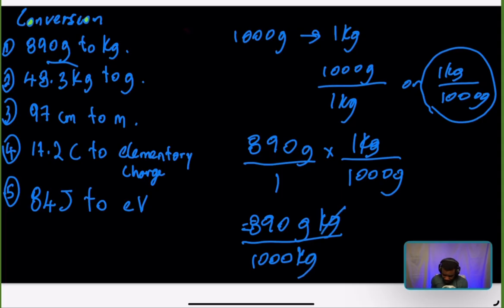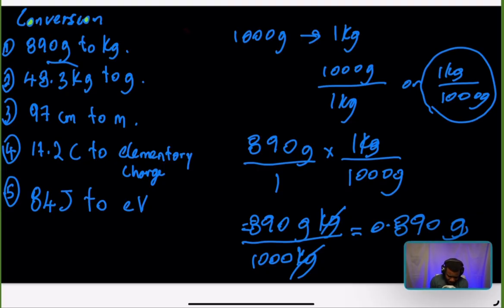These units will cancel each other, and then all we are left with is just kilograms. Once we do this division, we should get 0.890 kilograms. And that's the answer for the first one.